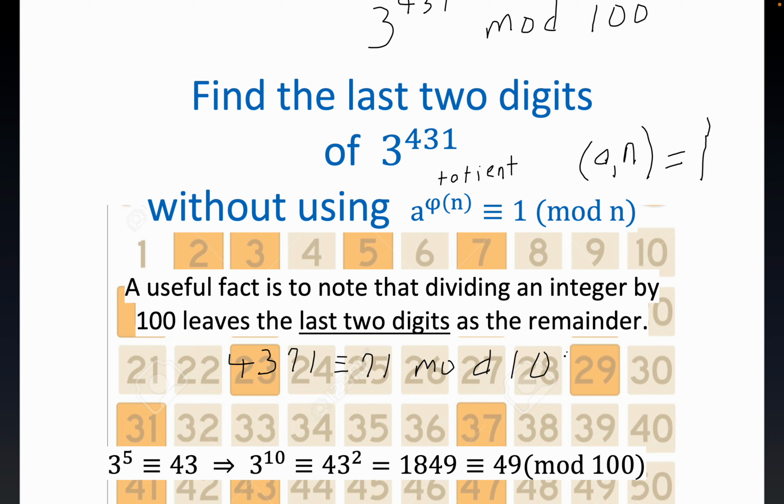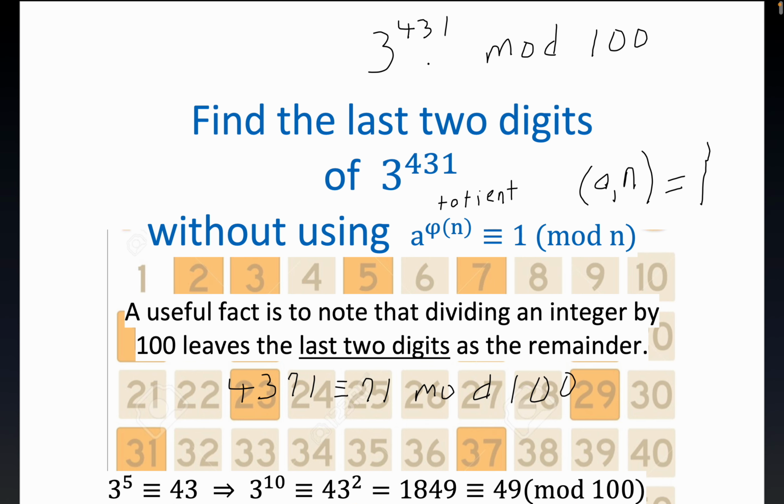One easy way to see that is you would have 43 times 100 plus 71. Also, these digits here have powers of 10 that are 2 or higher. So 4300 is congruent to 0 mod 100, leaving just 71. So that's why we want to reduce this exponential modulo 100.